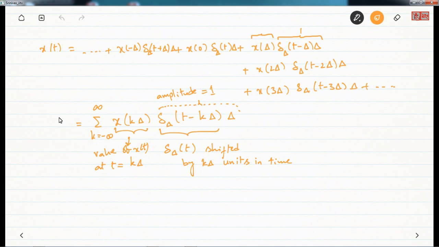So now we have expressed x of t as a weighted linear combination of scaled and shifted versions of a rectangular pulse. Now, what happens as delta goes to 0?